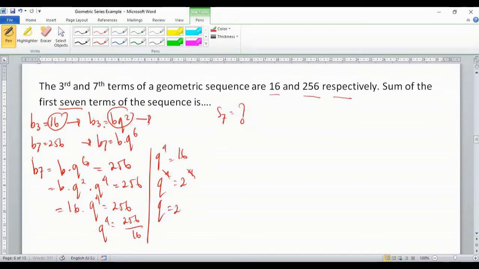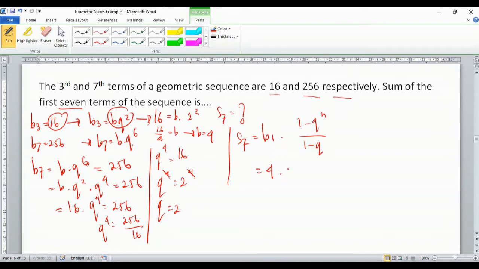Okay, from here, B3 equals 16. And then B1, we don't know the value, but k is 2, so 2 to the power 2. So 16 over 4 is equal to B1. So B1 is equal to 4. Right? So we continue to S7. S7 is B1 times 1 minus k to the power n over 1 minus k.